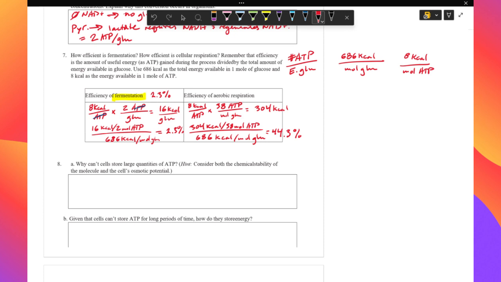Many, many times more efficient than fermentation. So this is why large organisms tend to be aerobic. They're more efficient at processing that cellular energy and turning it into a useful form for other activities.